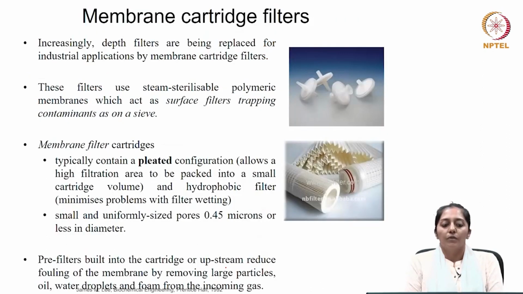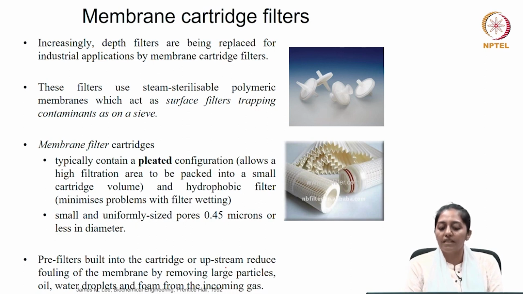So increasingly, depth filters are being replaced for industrial applications by membrane cartridge filters. These filters are steam sterilizable polymeric membranes which act as surface filters, trapping the contaminants as on a sieve. Membrane filter cartridges typically contain a pleated configuration as shown in the picture here, which allows a high filtration area to be packed into a small cartridge volume, and hydrophobic filters will minimize problems with the filter getting wet.